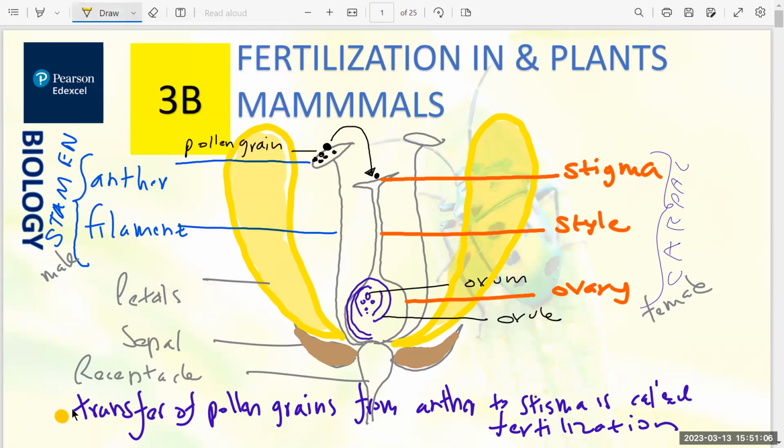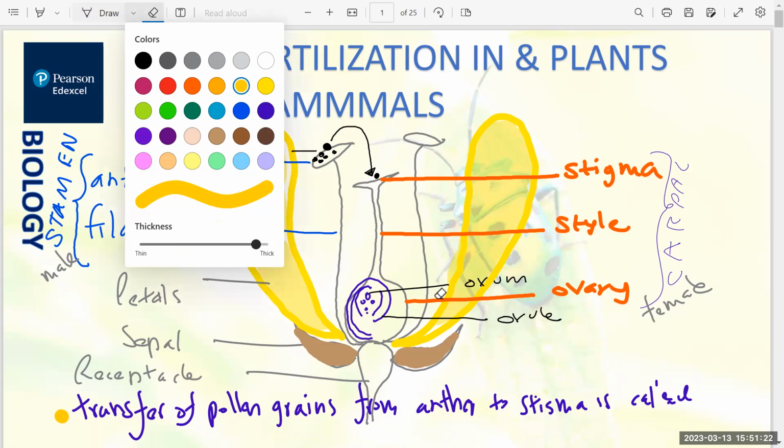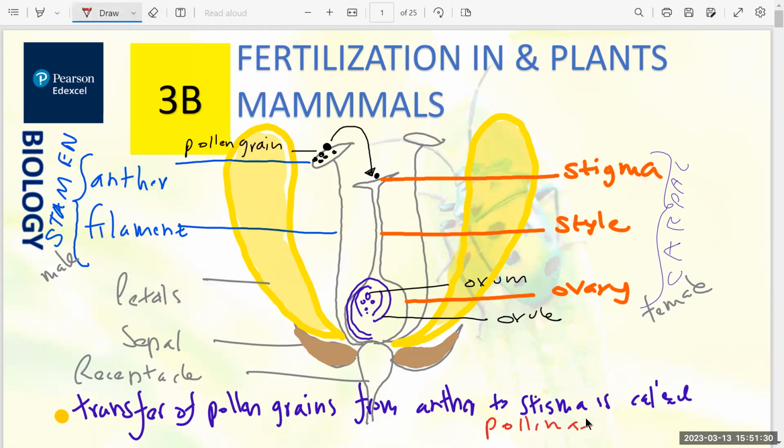The transfer of pollen grain from anther to stigma is called, so the fertilization is a pollination. It's called pollination. So you can write this under the diagram. Transfer of pollen grains from anther to stigma is called pollination.